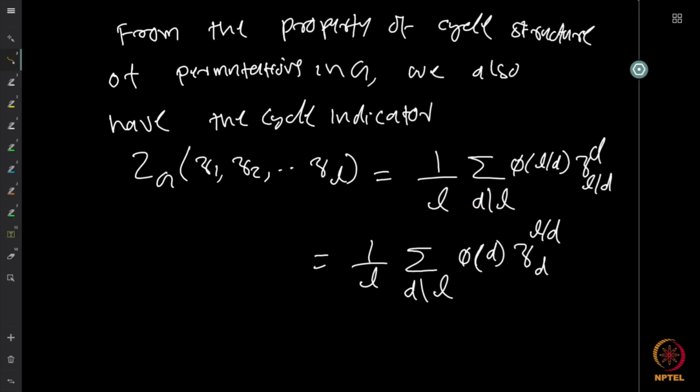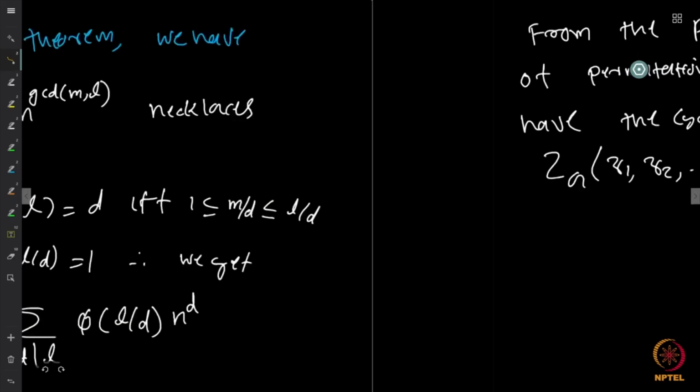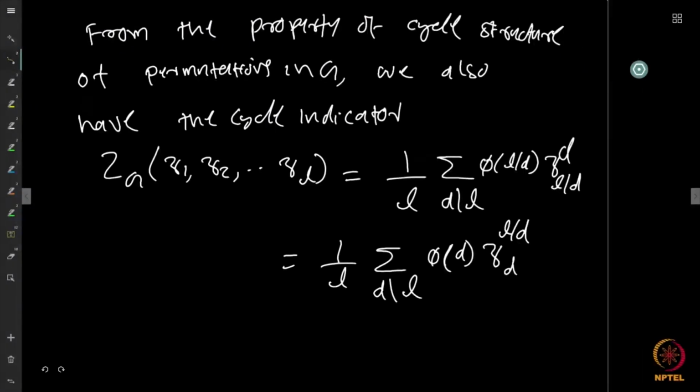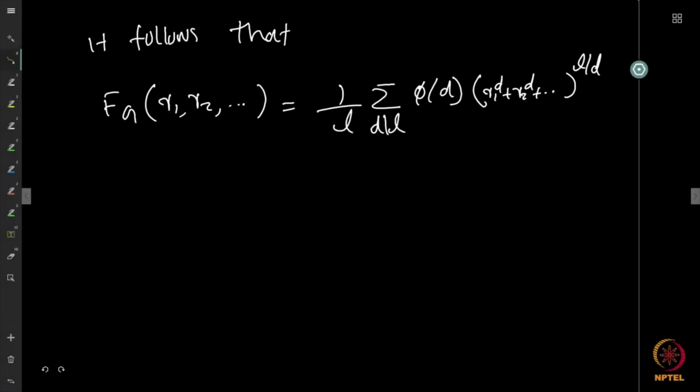So we will see the connection between ZG and this form. It follows that FG of R1, R2, etc. So we wanted to find FG, the entire generating function.